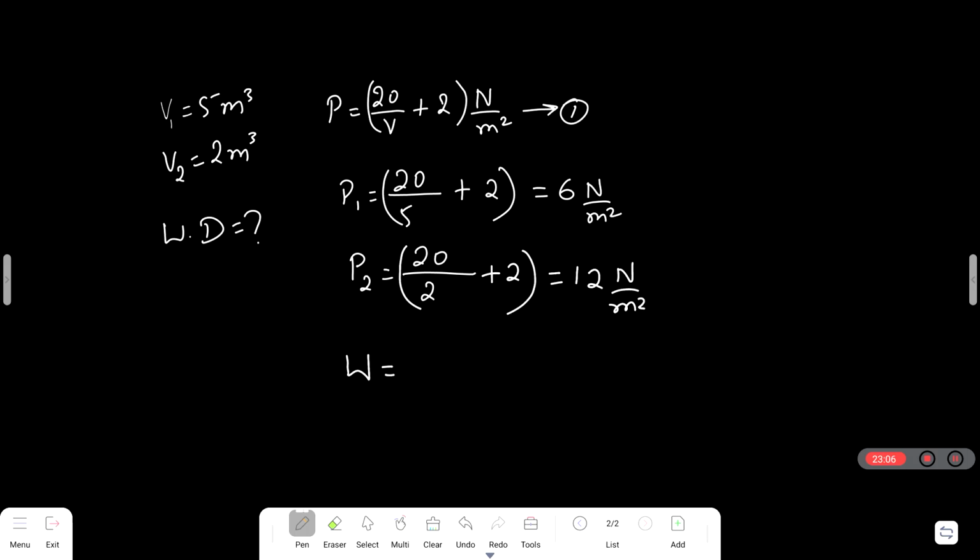Anybody? We have not solved any problem like this. All the problems we have solved were either constant pressure, constant volume, constant temperature, or polytropic. This is the first. What is the solution? Yes, madam.